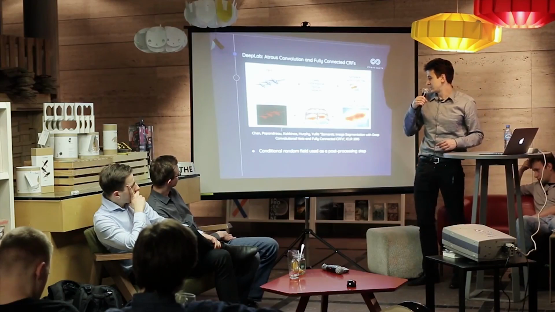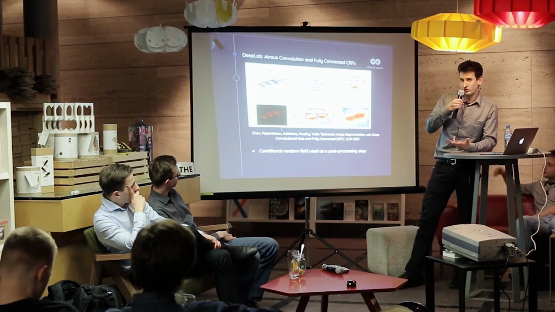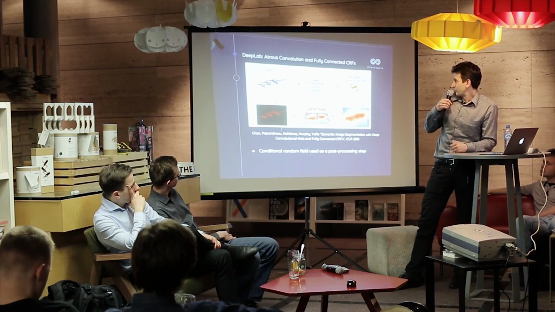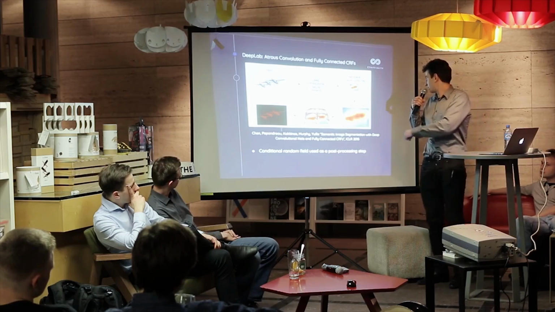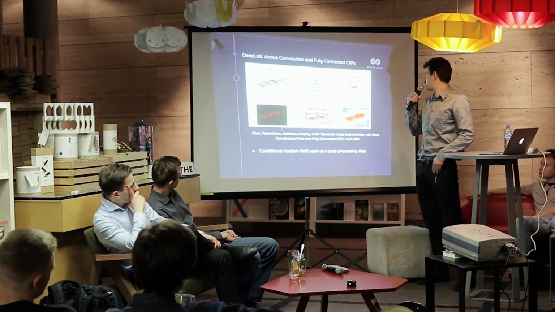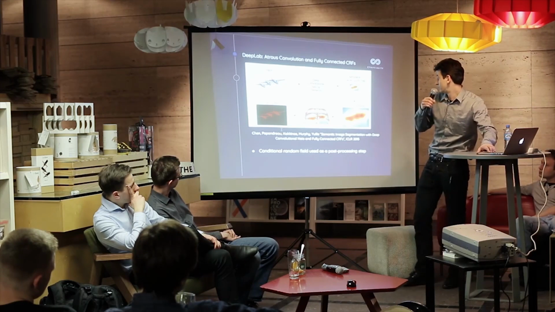Each downsamples the image by a factor of 2, so if we have 5 such operations, the output map would be decreased by a factor of 32. But because in segmentation we don't like to reduce our feature maps too much, since we need to assign a label to every pixel, there are only 3 such pooling operations. So later, the score map is upsampled by a factor of 8.